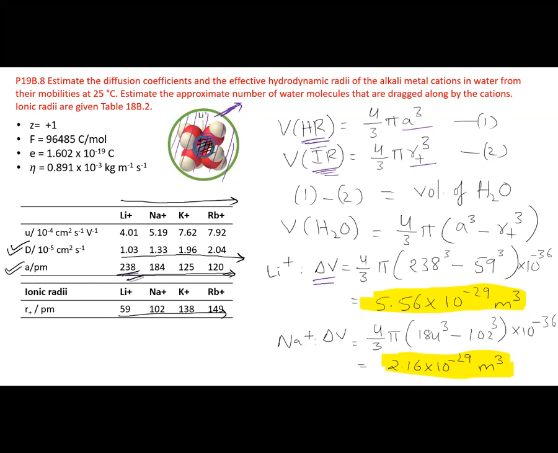So the volume of water is 5.56 times 10 power negative 29 meter cube. I can do the same thing for sodium plus, where I used 184 and 102 for hydrodynamic radius and ionic radius as given here in the table. And I get the volume of water to be 2.16 times 10 power negative 29 meter cube.